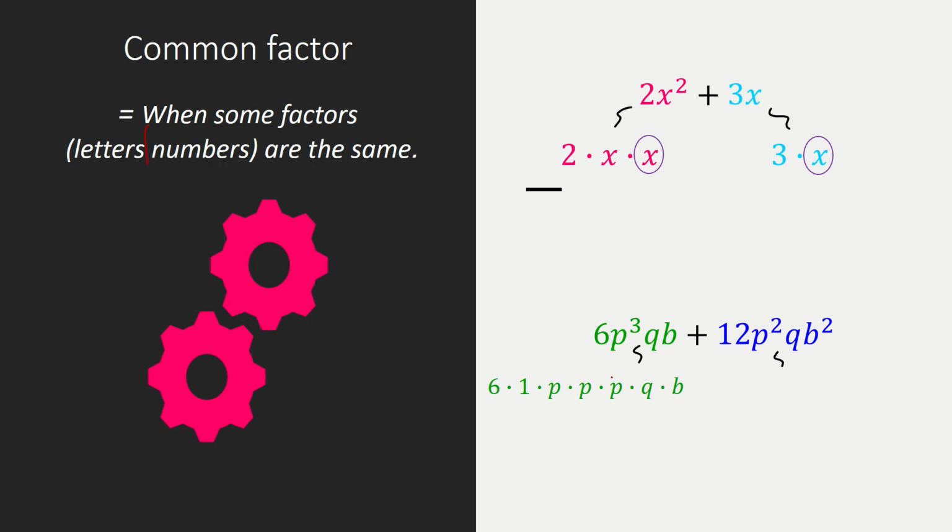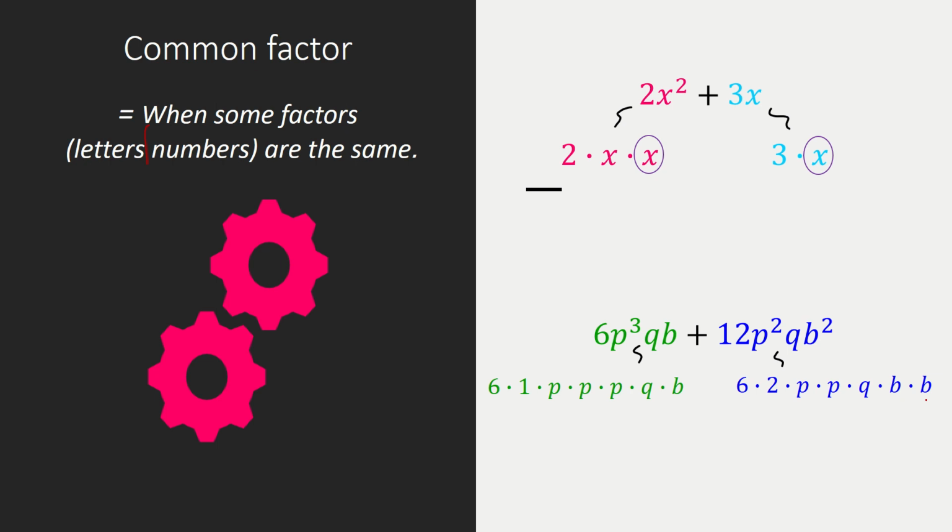I've got 3 times a p because of the p to the power of 3. Then I've got a q and another b. If I'm going to look at the blue one, it's 6 times 2 times p because I've got 2 times a p times q times b and times another b.